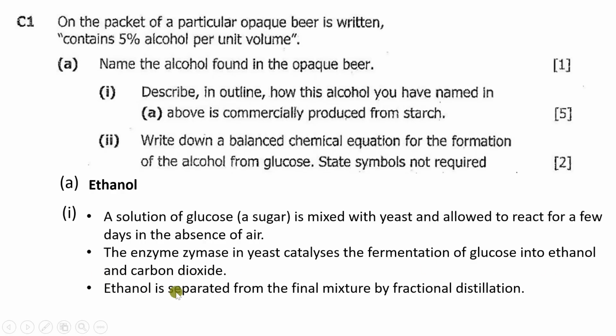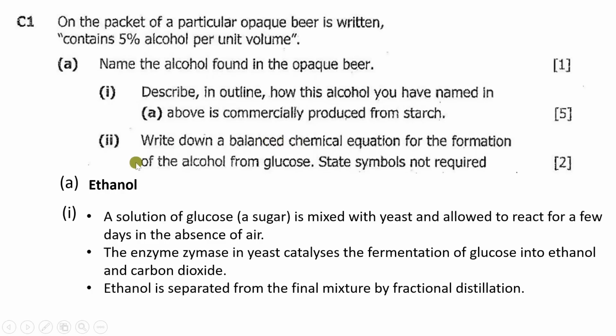Then 3, ethanol is separated from the final mixture by fractional distillation. So these are the steps that are followed in commercially making alcohol from starch.